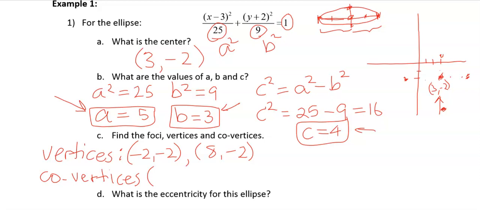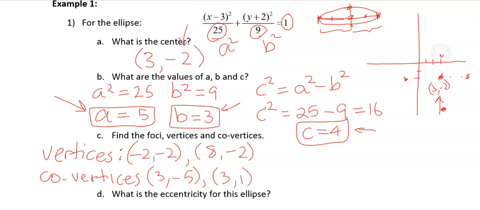And the y-coordinate was -2. So if I take 3, -2, and subtract 3 from the y, I'm going to get 3, -5. And if I add 3 to the y-coordinate, to that -2, I'm going to get 3, 1.